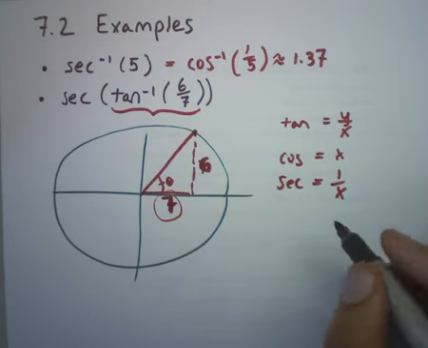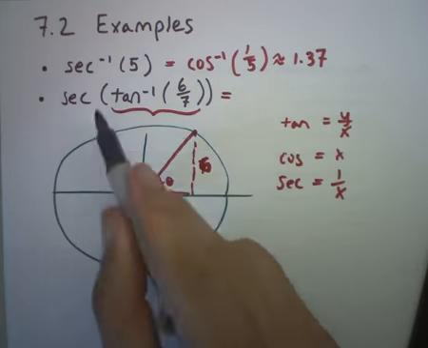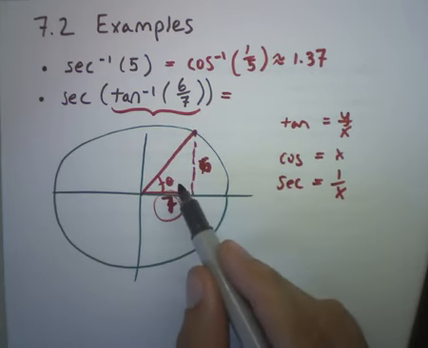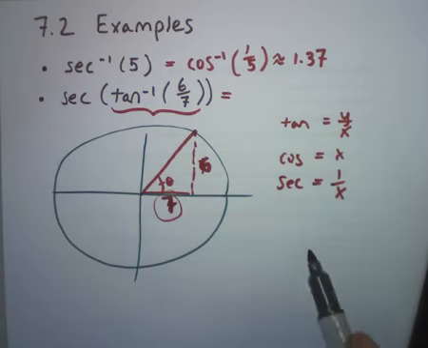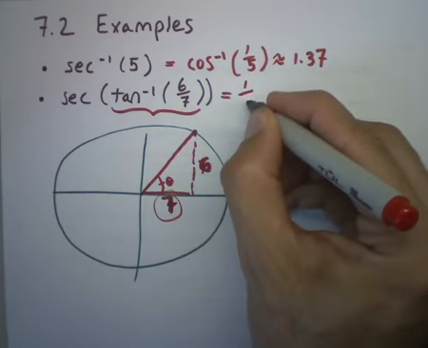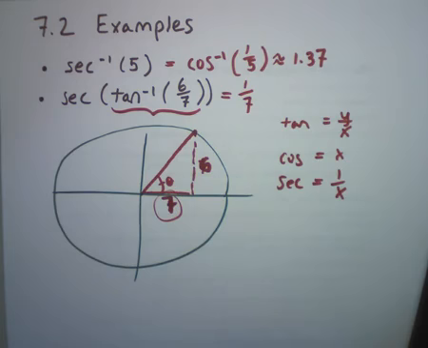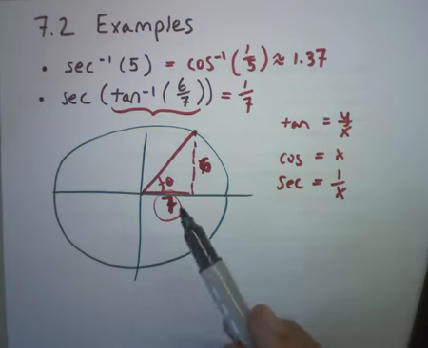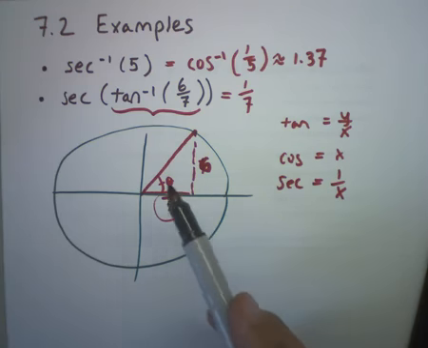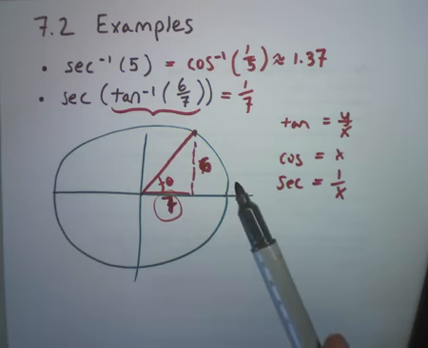And therefore, the secant of this angle, which again, we still don't know the actual angle measurement, but I do know that secant is 1 over the x-coordinate, so it is 1 over 7. Now, a lot of these questions might ask you for something other than secant, so let's just look at another example.